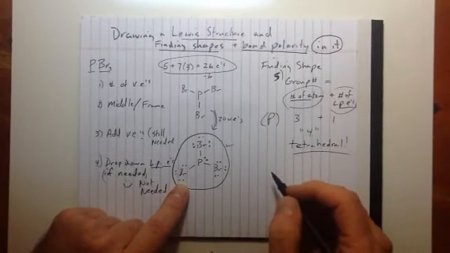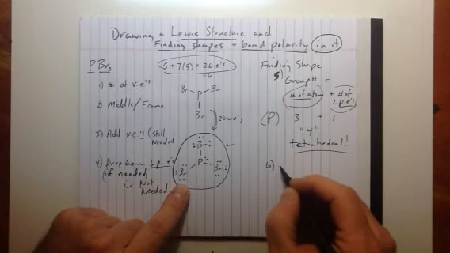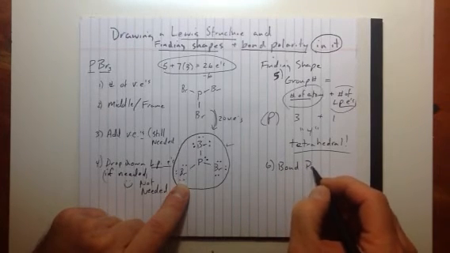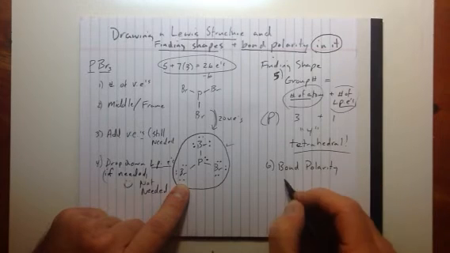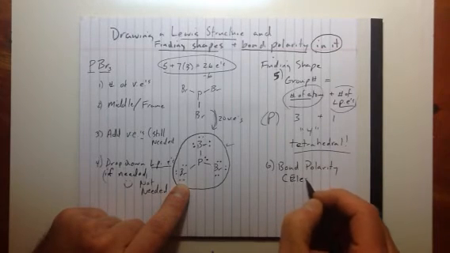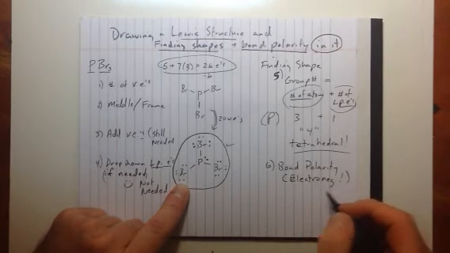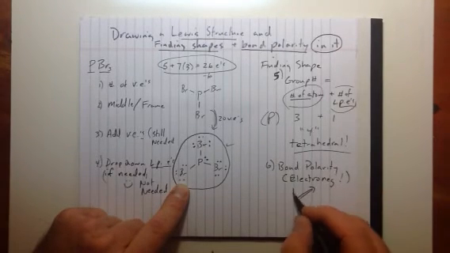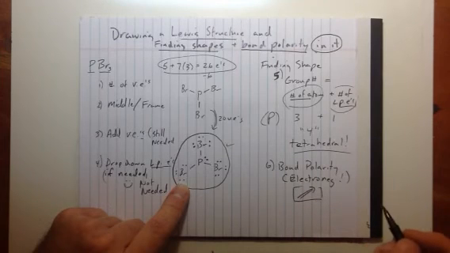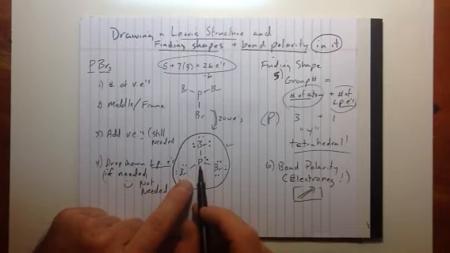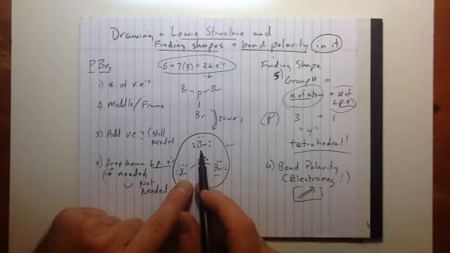And then last, just to maybe also talk about bond polarity, don't forget it's all about electronegativity differences. Electronegativity differences, and we said that increases up and to the right in the periodic table. So let's look at bond polarity for phosphorus to bromine.